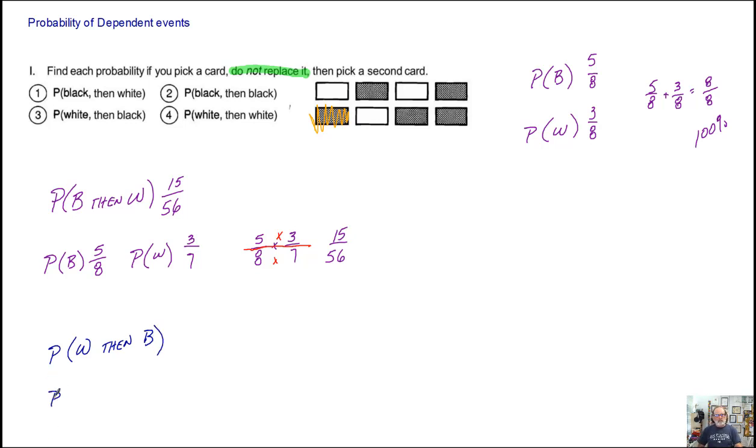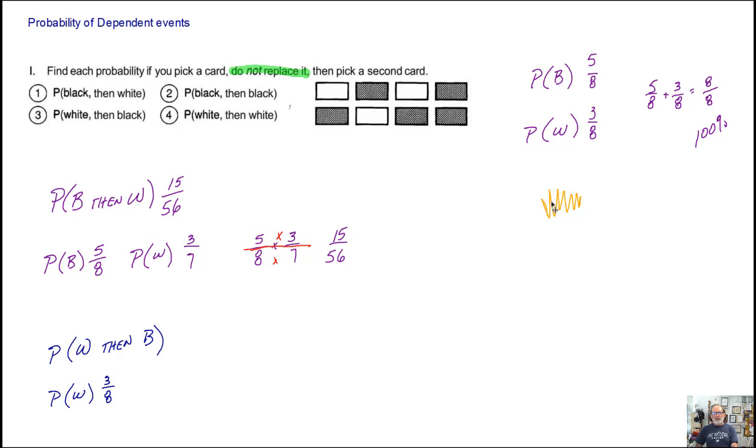Well, the probability of drawing that first white card, and we're back to a point now where everything's in the deck, there aren't any cards used up. The probability of drawing that white card is 3 out of 8.